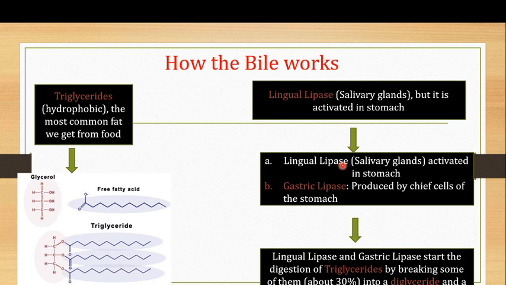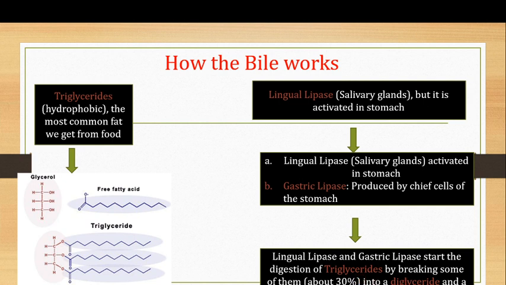So the lingual lipase and the gastric lipase are going to start the digestion of the triglyceride by breaking some of it into a diglyceride and a free fatty acid molecule. About 30% of the triglyceride is broken down into diglyceride and fatty acid in the stomach.